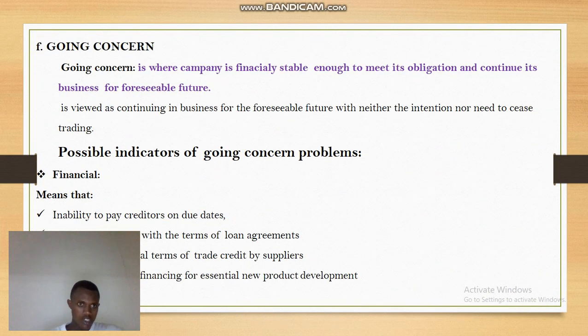Going concern is a very important term, especially for those in the faculty of economic science and management.